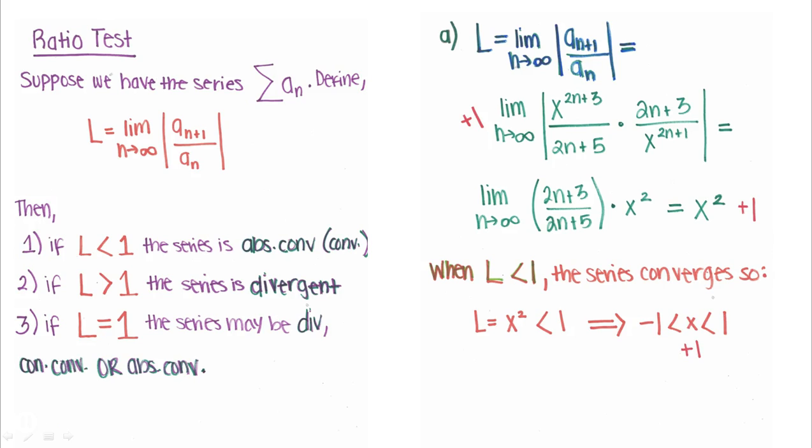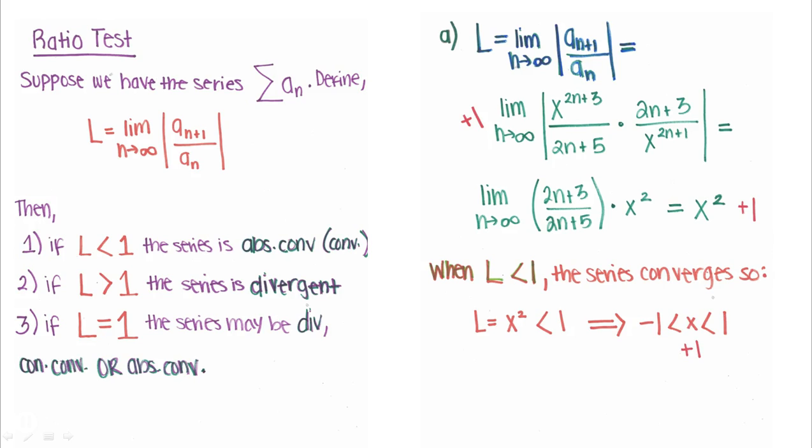To simplify, you can just use the exponent rules that we already know. x to the 2n plus 3 is the same as x to the 2n times x cubed, and x to the 2n plus 1 is the same as x to the 2n times x. So the x to the 2n terms cancel, and you're left with an x cubed on top and an x on the bottom, which simplifies to x squared.